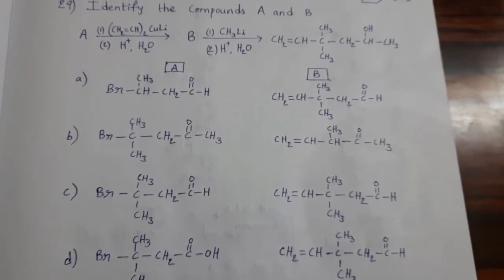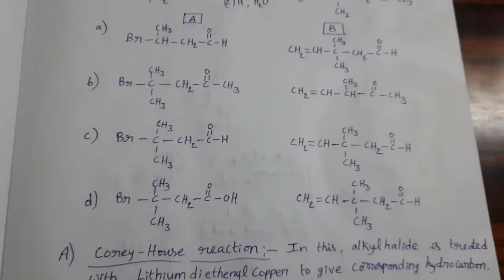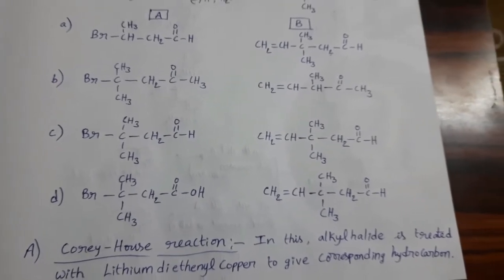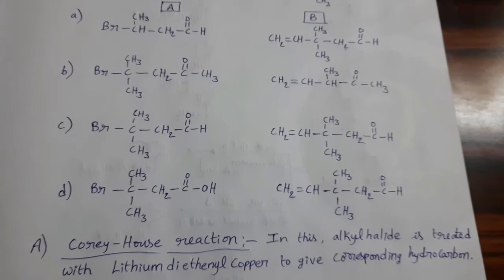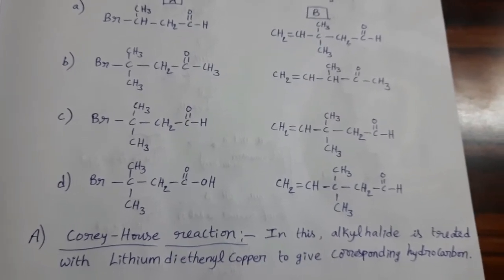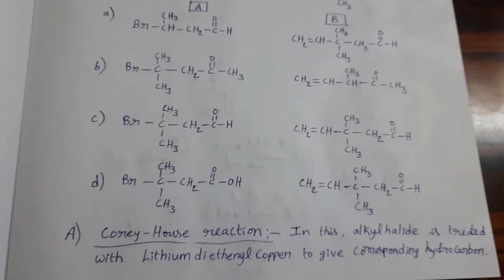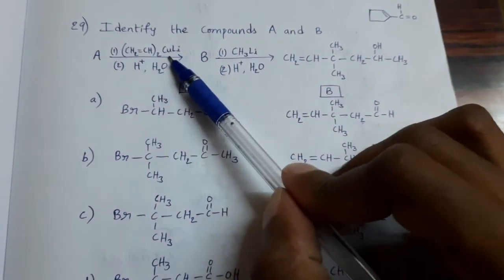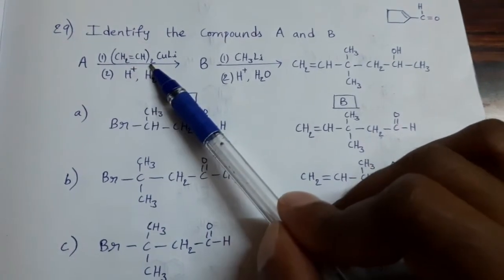This question is based on the Corey-House reaction. In this Corey-House reaction, alkyl halide is treated with lithium dialkyl copper to give the corresponding hydrocarbon. Instead of lithium dialkyl copper, here they gave lithium divinyl copper.